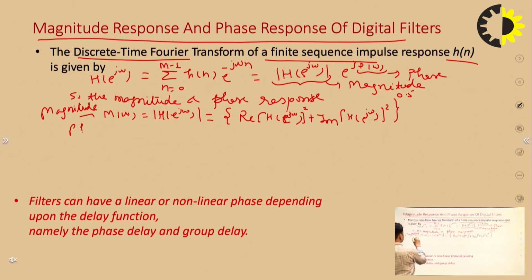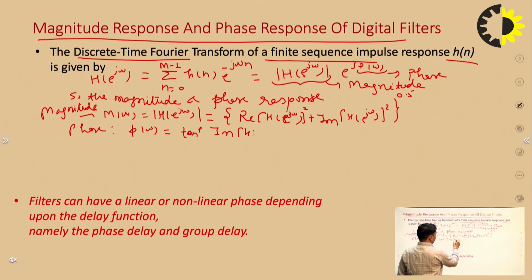The phase we can calculate with the help of phi of omega, that is the tan inverse of the imaginary part of H of e raised to power j omega divided by the real part of H of e raised to power j omega.